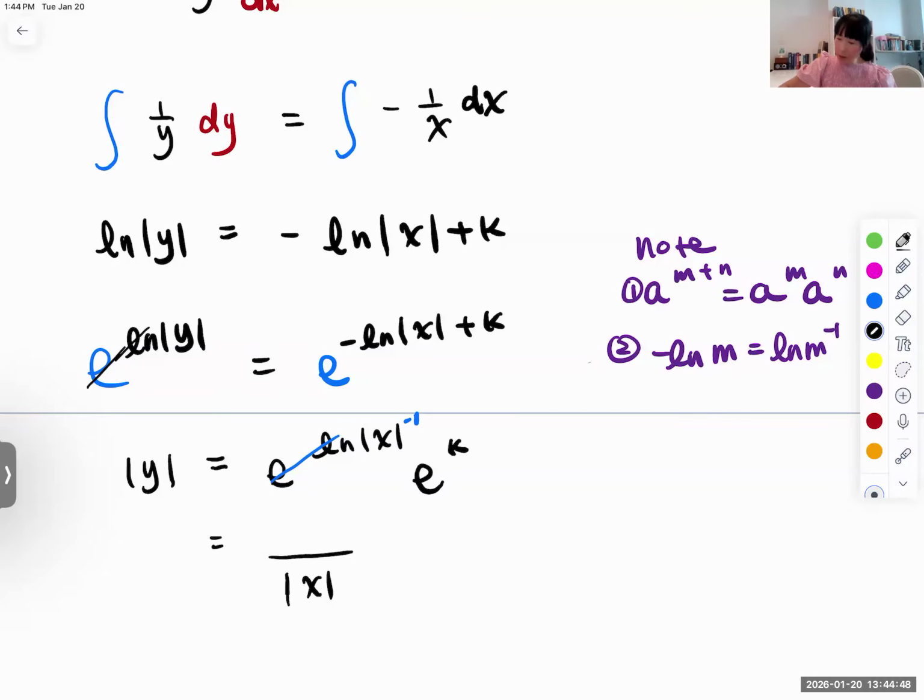Okay, then let us give e to the k as c, like earlier, right? Then we have a very simple equation here. So absolute value of y equal to c over absolute value of x, right? Okay, so we have an absolute value.